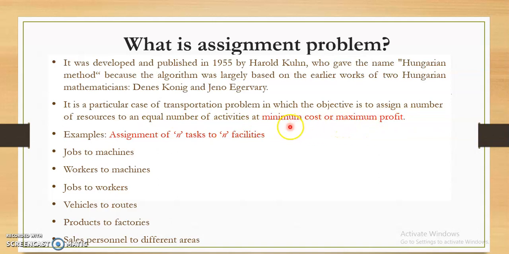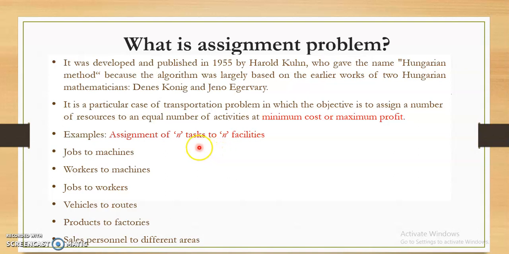This Hungarian method of assignment is one of the optimization techniques where our objective is either to maximize or minimize the quantities based on our intention. There are some examples quoted here: assignment of n tasks to n facilities. Keep in mind that whenever we solve such a problem, it requires a square matrix. So it is called a balanced assignment problem.